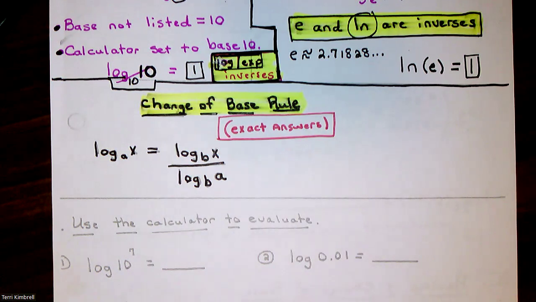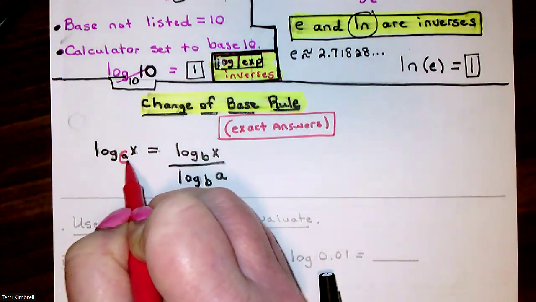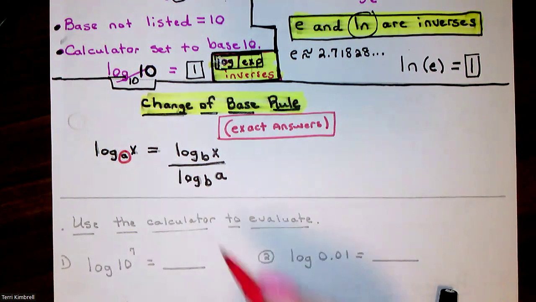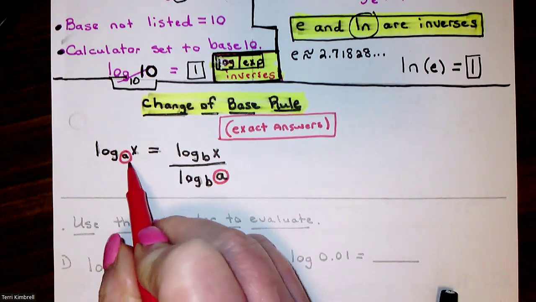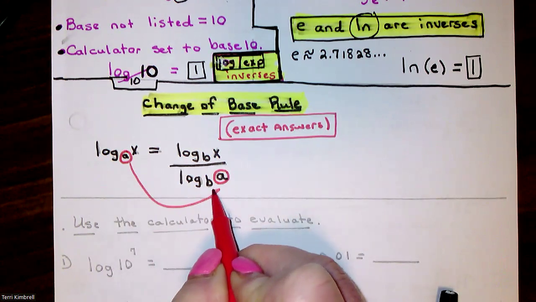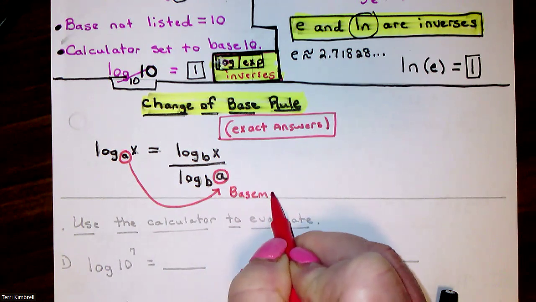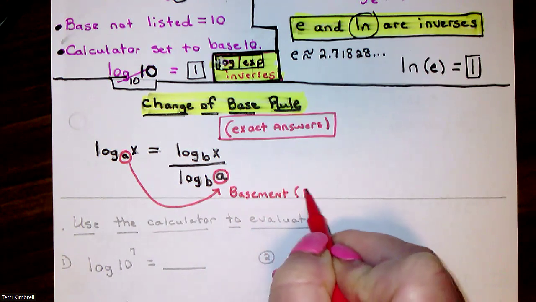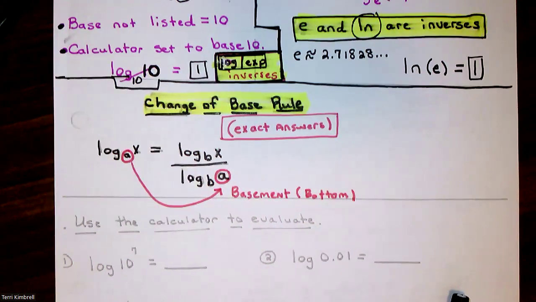So when you have log and you have the base right here of that logarithm, whatever that base is, that base is going to go in the basement. So the log base is going to go on the bottom when you type this in. So we're going to practice typing this in without using the alpha window.